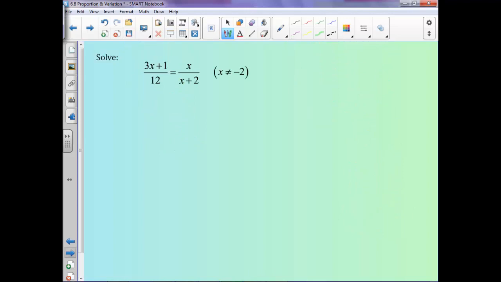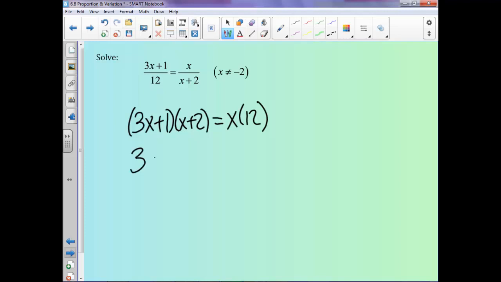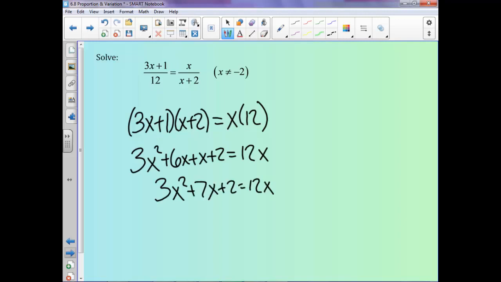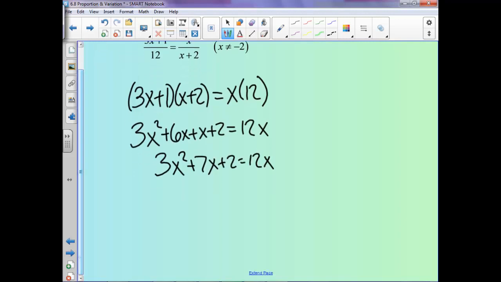On this one, notice we're already stating x can't be -2. So when we cross multiply, on this side we'll be left with 3x plus 1 times x plus 2. And on the right side, we'll be left with x times 12. Distribute. And now we do have a squared term, so we need to get it equal to 0.